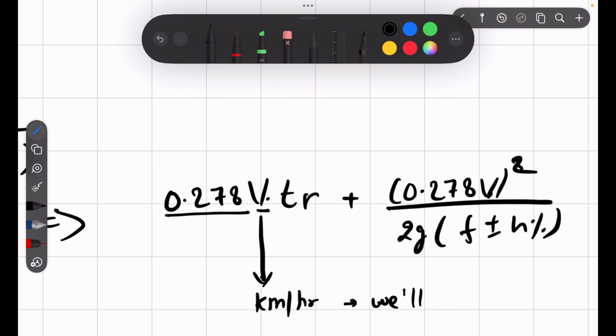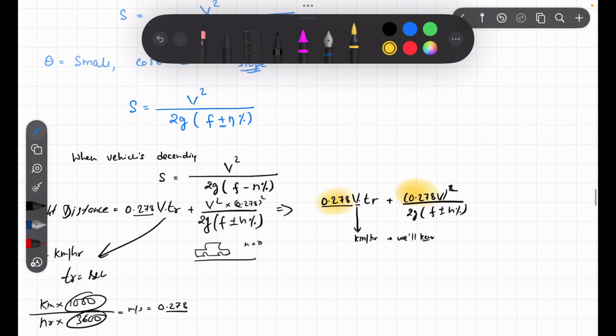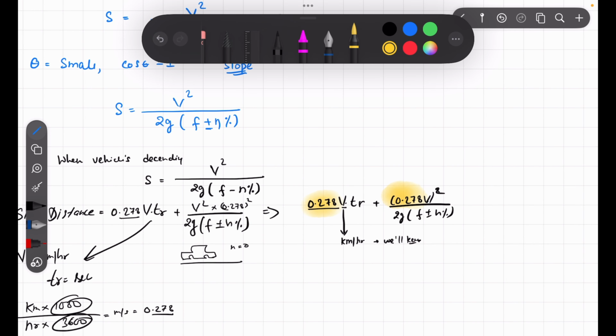If in the question the value is given in kilometer per hour, we'll keep that value only, because we have multiplied by the factor 0.278 and converted the value to meter per second. Okay, so this is the formula for stopping sight distance.